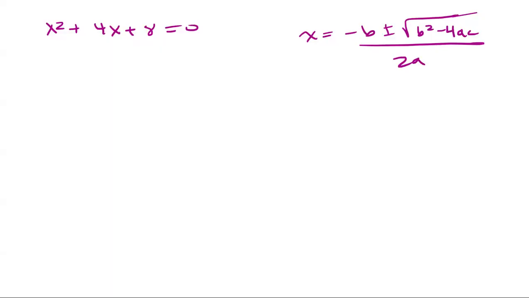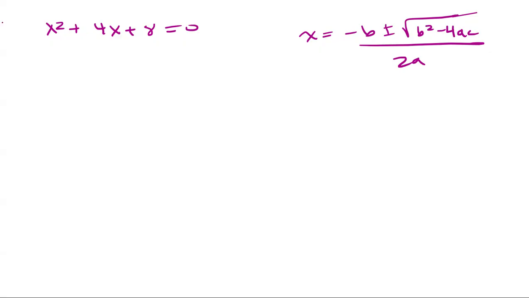As I mentioned before, if we had a negative in the radical, we would stop, we would have no solution. But in this case, we would continue because we are working in the complex world.